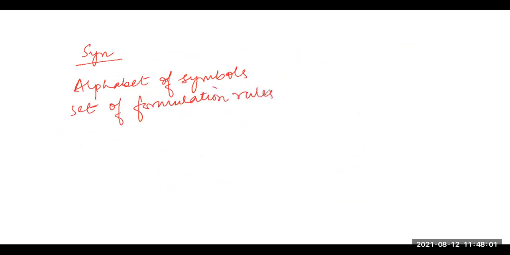In order to construct formulas from the alphabet, it has some formulation rules, and these formulas are used to specify any system. Now, if I talk about the semantic domain, there can be different semantic domains.